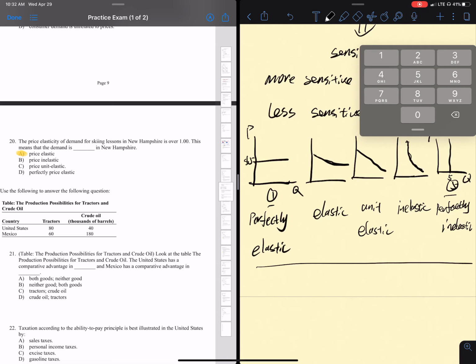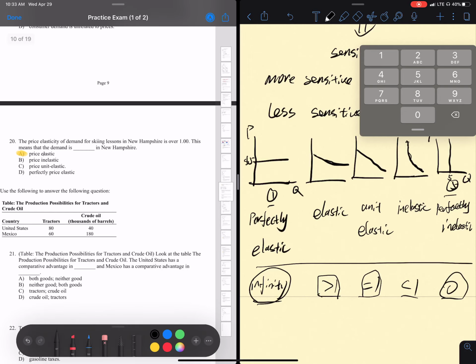Unit elastic is equal to 1. Elastic is greater than 1, inelastic is less than 1, perfectly inelastic is 0. Excuse me, perfectly elastic is infinity. Normally we are not asking about this, but the simple way to determine whether it's elastic or inelastic is by the elasticity itself. If the elasticity is equal to 1, it's unit elastic. If it's less than 1, inelastic. Greater than 1 is elastic.